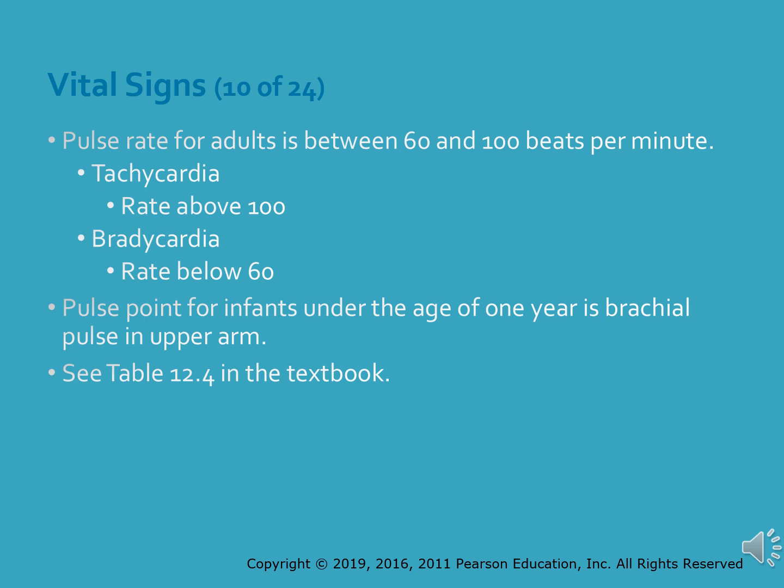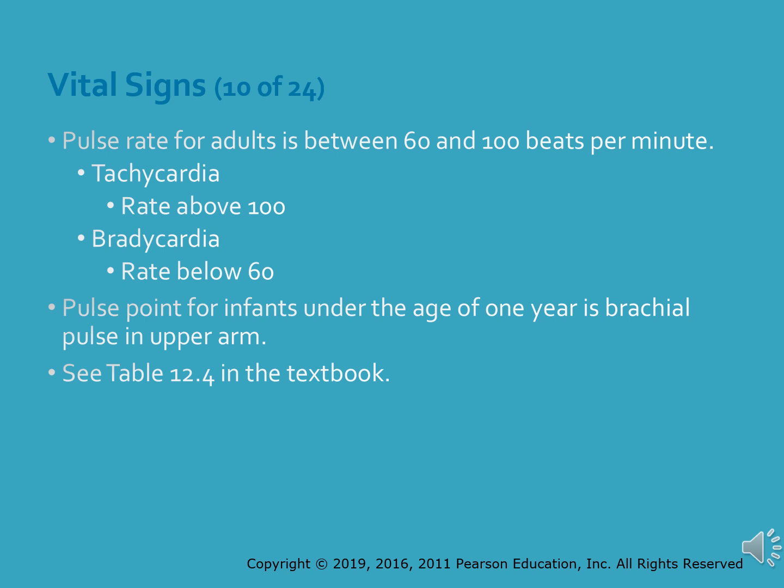Some exceptions are well-conditioned athletes whose normal resting pulse may be about 50 beats per minute, or possibly even less. Or you might have a heart patient who is taking medication to slow his or her heart rate. In emergency situations, because of anxiety or excitement, it is not unusual for the pulse to be above 100 beats per minute.